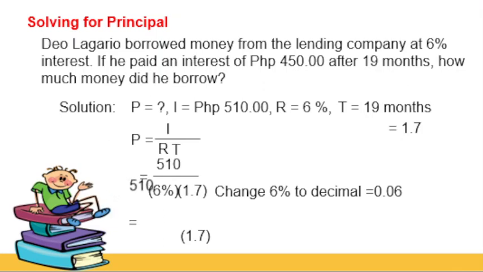Then that will become 510 divided by 0.06 times 1.7. You multiply 0.06 and 1.7, so that will become 510 divided by 0.102, or 102 thousandths.